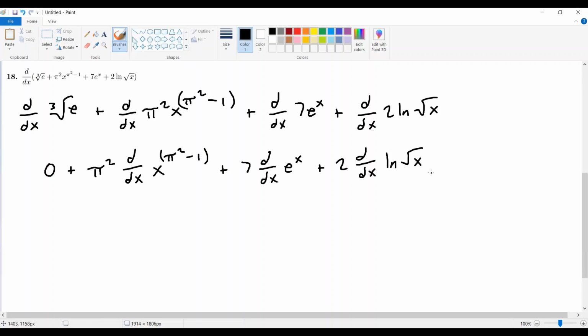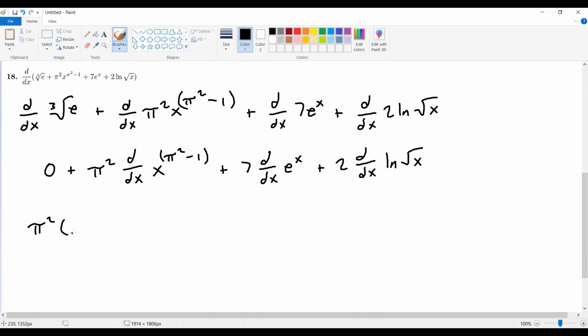And now that we have that sorted out, we can look at these derivative rules again. So the 0 is gone over here on the left, and we're left with the pi squared on the outside. Now, when we look at what this derivative rule is going to be, it's just a power rule. Whatever that power is, regardless of what it looks like and regardless of what symbols are in there, you're going to just throw it down as a constant in front.